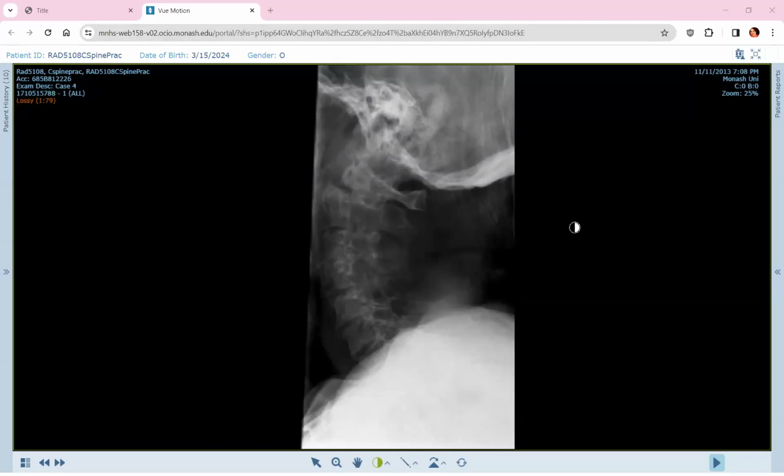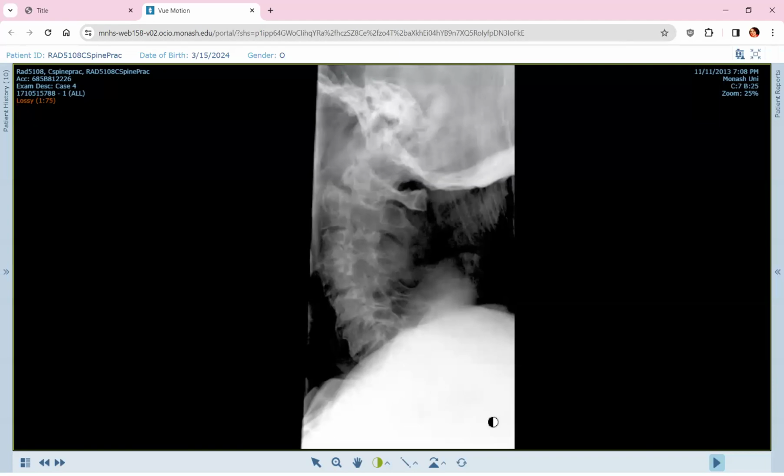The next case is that of an elderly patient who had an unobserved fall and has been referred for cervical spine. And again, there's only one image available here. It's quite clear that there are some marked degenerative changes.